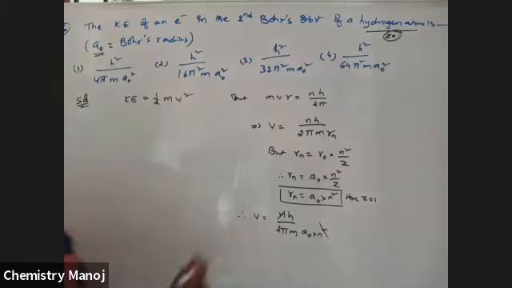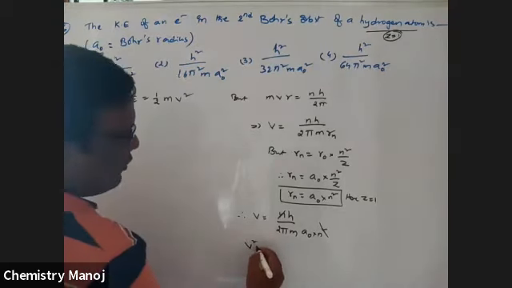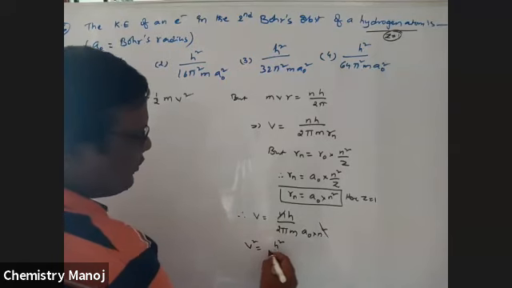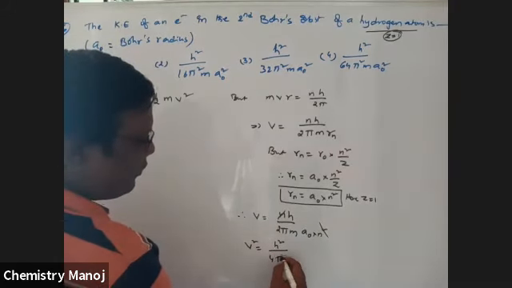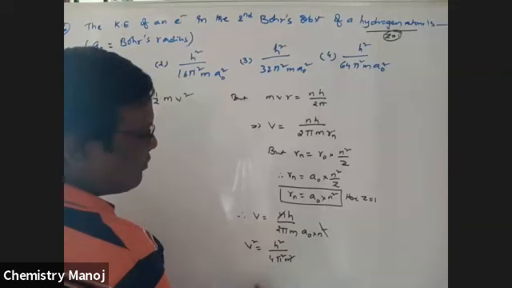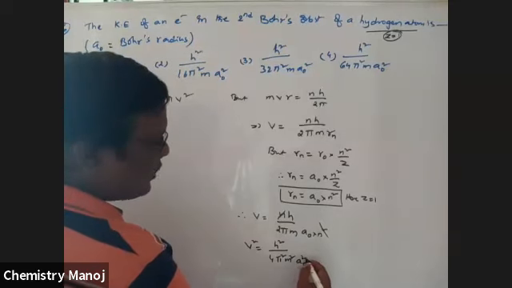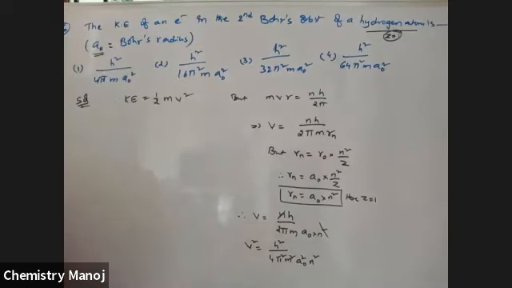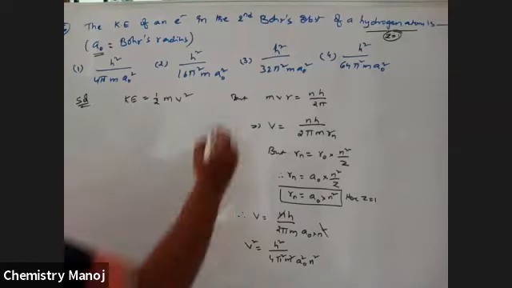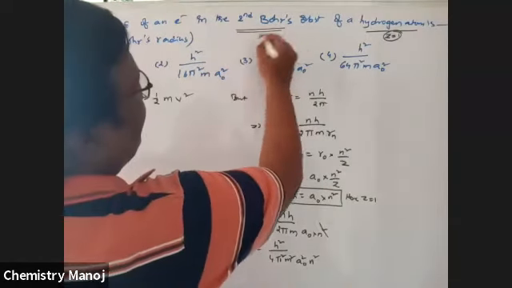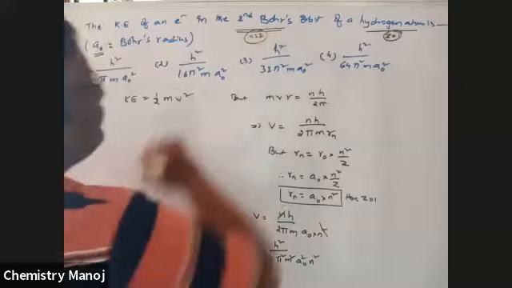n cancelled. Therefore, v square is equal to h square by 4 pi square m square a naught square n square. Substitute that value here. See here, second orbit and n is equal to 2.